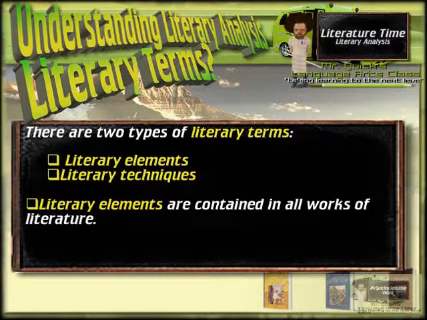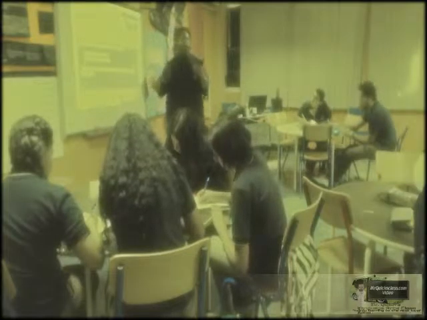The author has a requirement. Although authors have a lot of freedom to write the way they want to write, the elements we can call their requirement. So they have to include these elements if they're writing fiction. You know what fiction is, story.